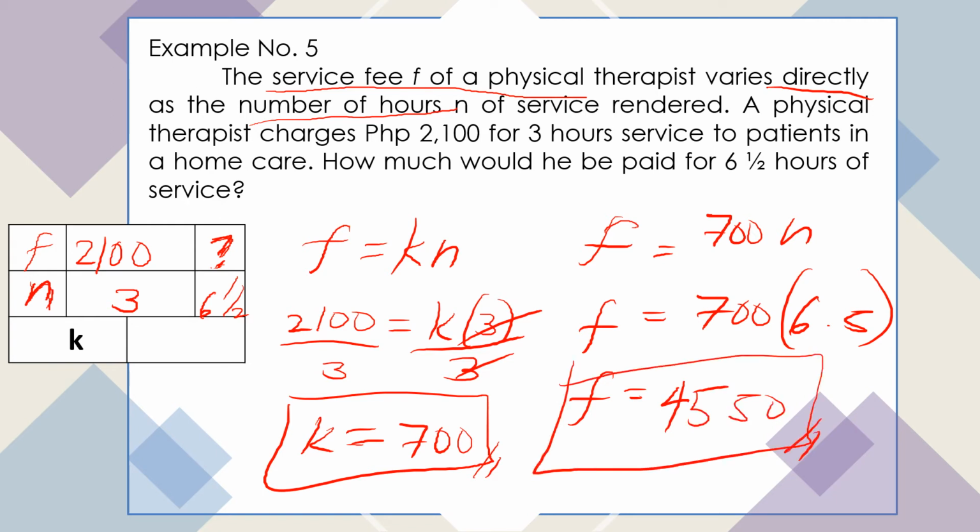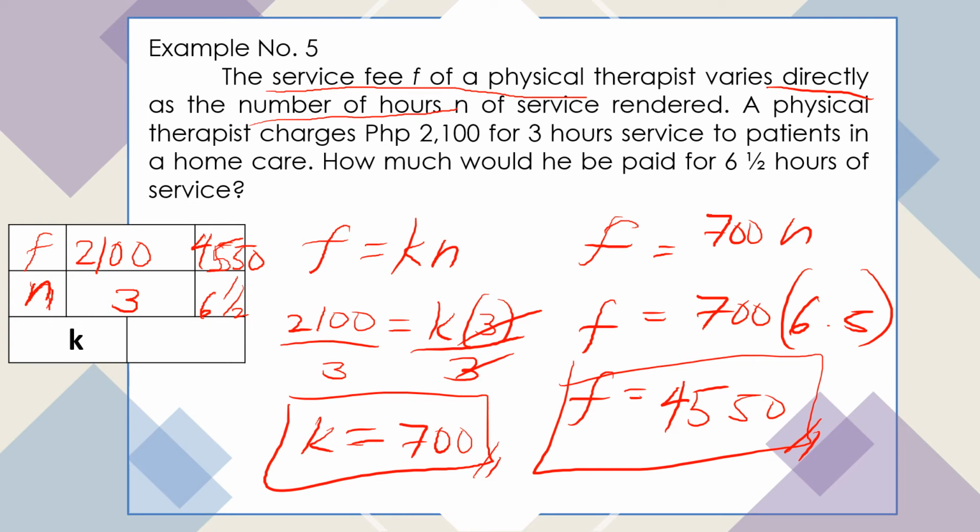Ibig sabihin, ito yung kanyang sweldo sa loob ng 6.5 oras. 4,550. 7 times 6 is 42. Tama ba? 42. Then, ang kalahating oras is 350. Tama.